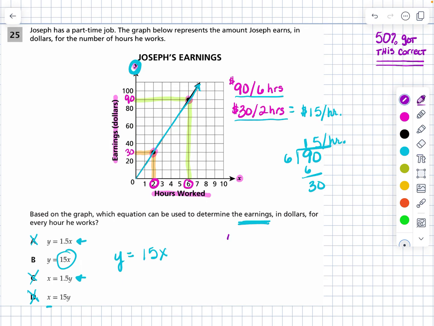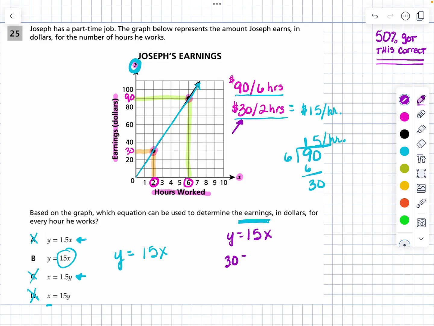So we've got y equals 15x for the equation that we chose. So let's plug in this right here. So y is the earnings, so we can say $30 is equal to 15 times, what's our x at $30? It's 2. 15 times 2. Well, 30 is equal to 2 times 15, which is 30, and that works.